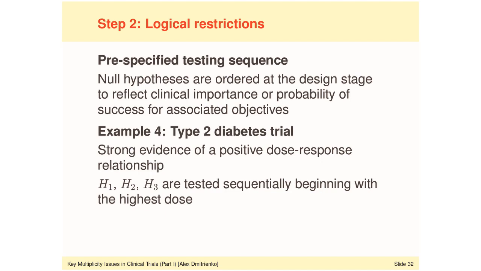This approach helps us improve the probability of success, the probability of detecting a significant effect. The next null hypothesis in the sequence could be H2, because the medium dose is expected to be less effective than the high dose, but at the same time more effective compared to the low dose. Then H3 will be the last hypothesis in the sequence.